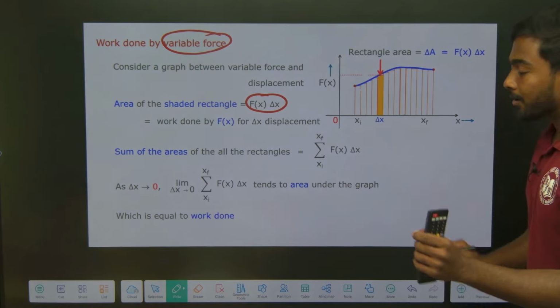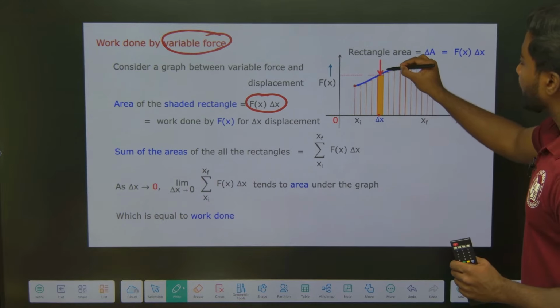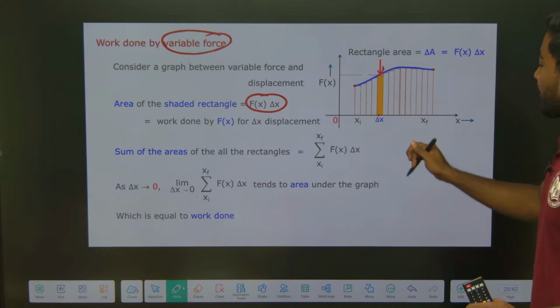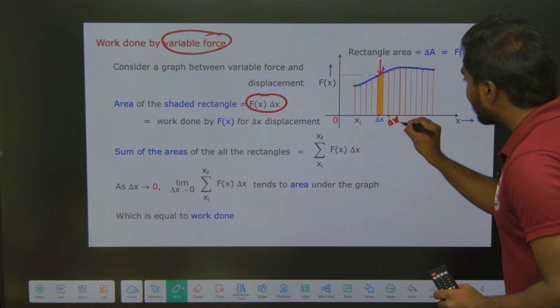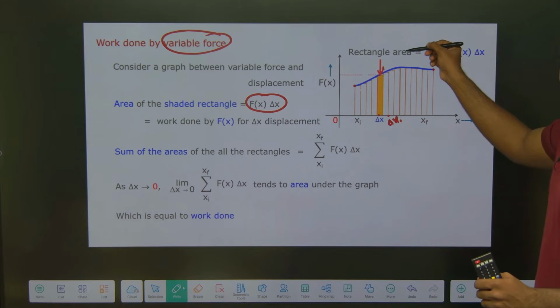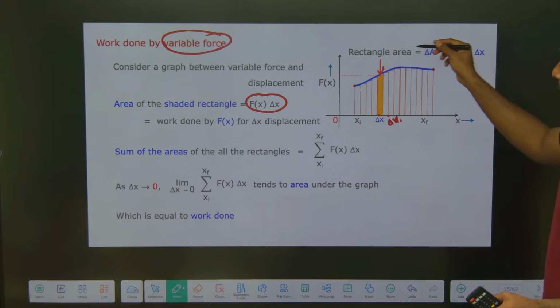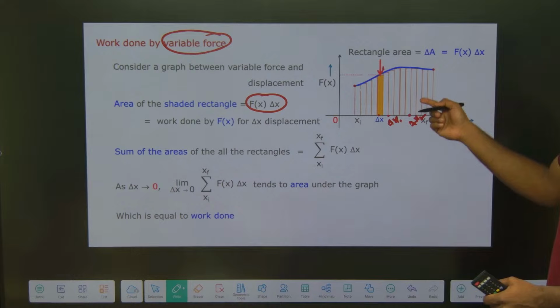Let me take a small part of the displacement here. What is the force here? F. If I consider another point, delta x1, again the force will be different. If I consider some other point, delta x2, again it will be different.